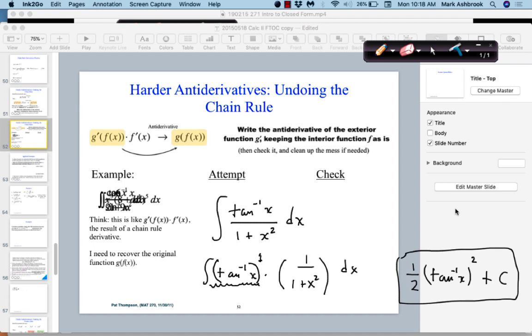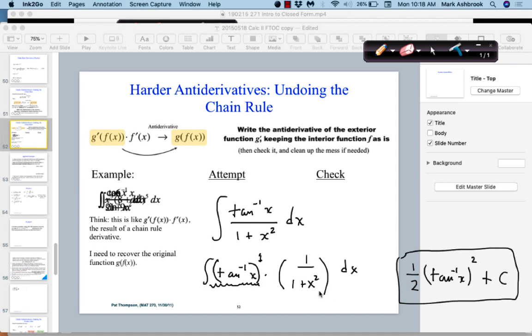Okay, for those who have done this before, you probably learned something called U substitution to do these. We're going to do U substitution later on for ones that can't be done this way. But the reason I recommend this is two reasons. When you get good at this, it takes about 1/3 or 1/4 of the time and writing.